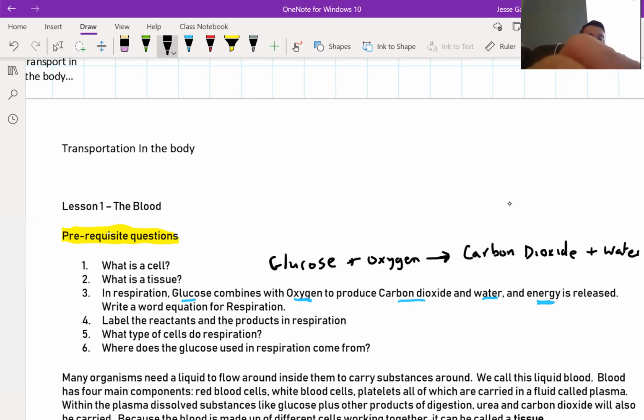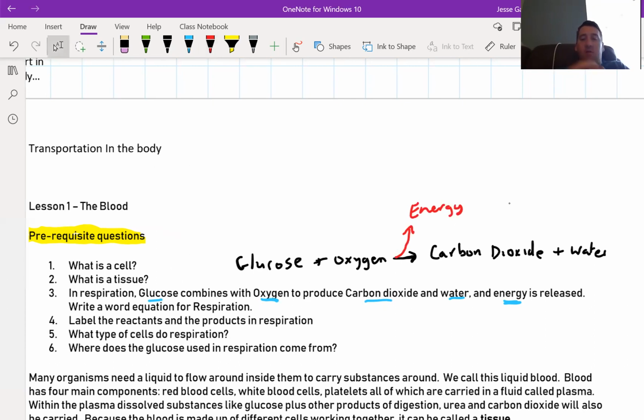If you like, some people show that energy is released or given out. It's a good idea to show that this is given out, but it does not belong in the line of words because these are only chemicals that we put in here, and energy is not a chemical or a substance.